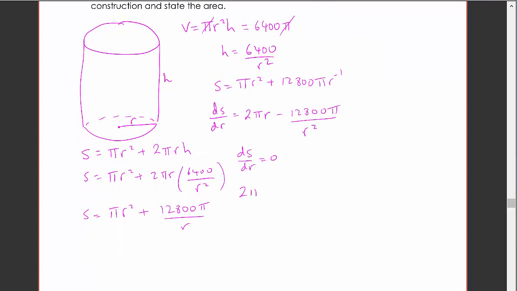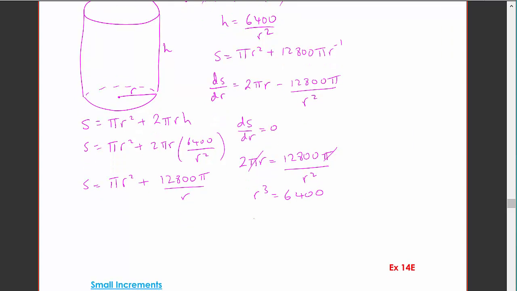So that means that 2 pi r must be equal to 12,800 pi over r squared. So pi's all cancel off of there. That gives us r cubed is 6,400. I think that gives me r is equal to 40. Pretty sure about that.